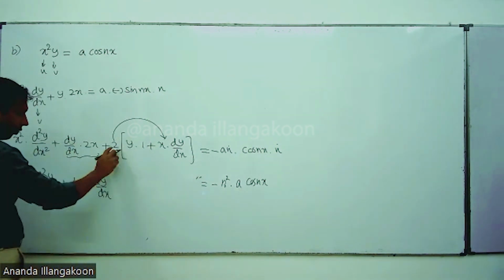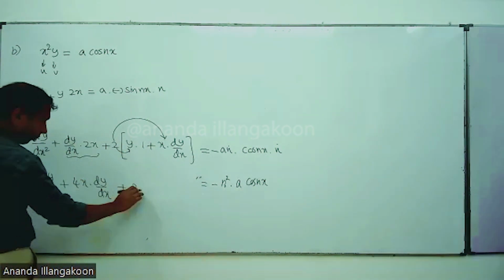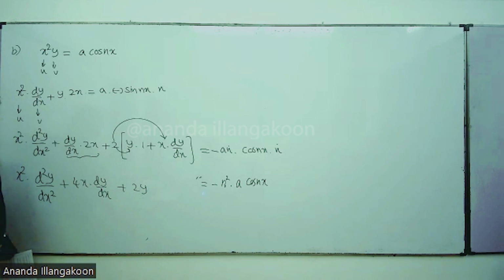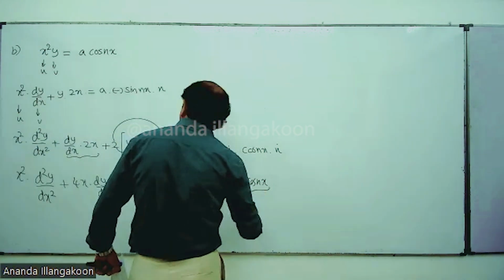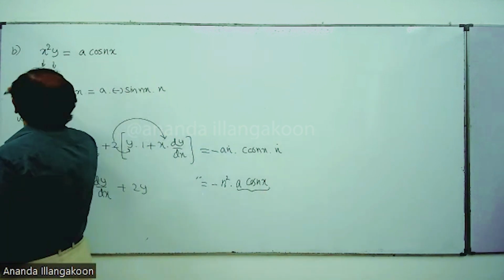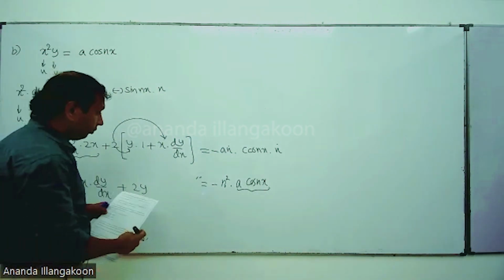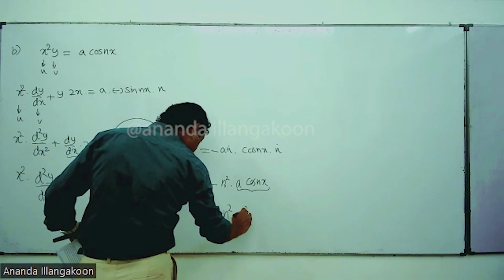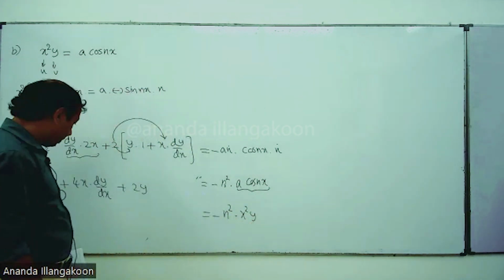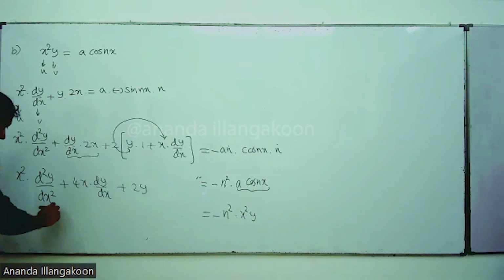And here we have 2y. You can very clearly see, people, here a cos nx is nothing but x squared y. This way, and the same thing coming to the next line too.